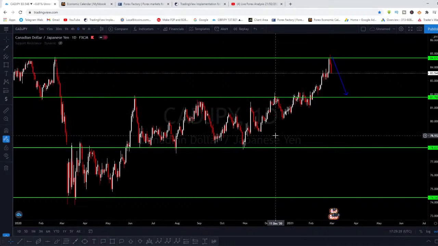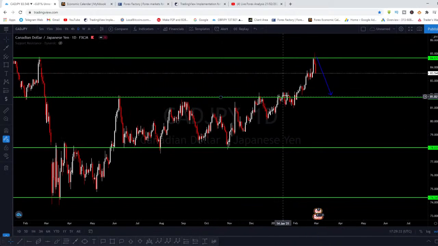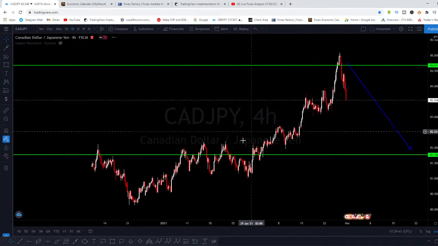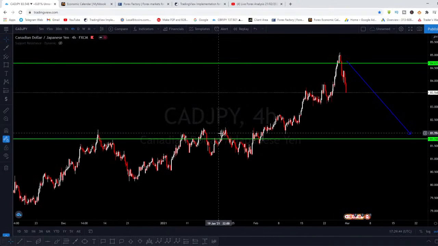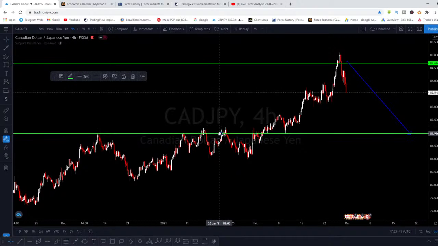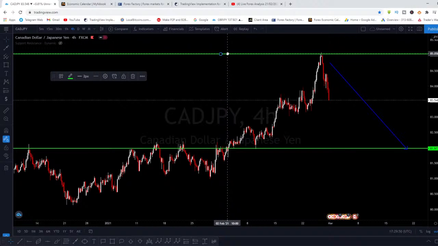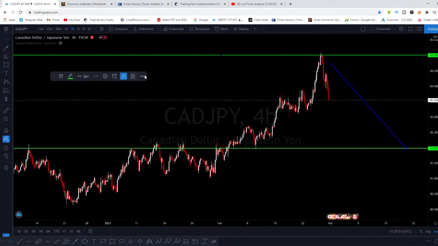Okay, alright. I was here on the CADJPY. Like I was saying, if you have any question regarding this analysis, you can ask now before we call it a day. So now let's go back down to our 4-hour time frame. This is the 4-hour time frame for this CADJPY. Now I will amend some of my support and resistance on this 4-hour time frame.